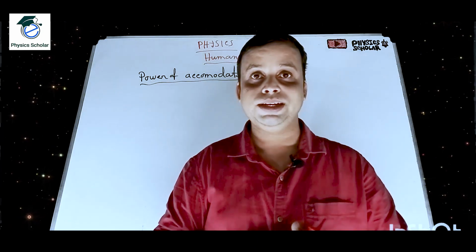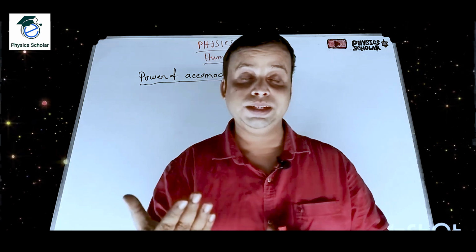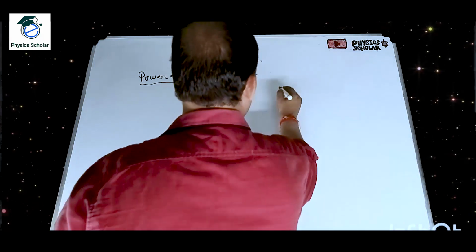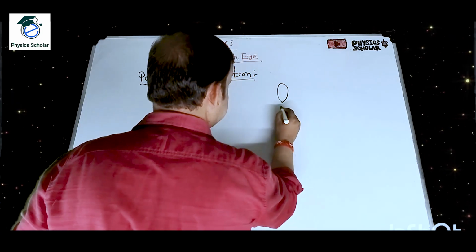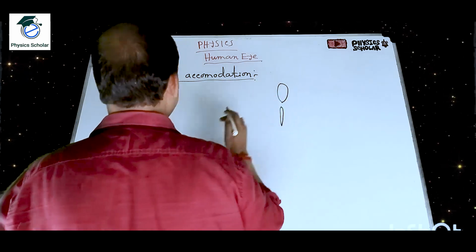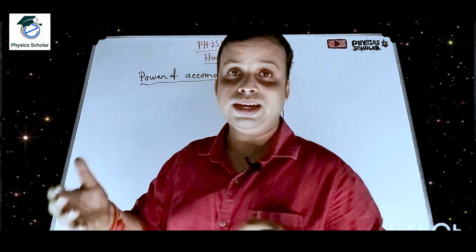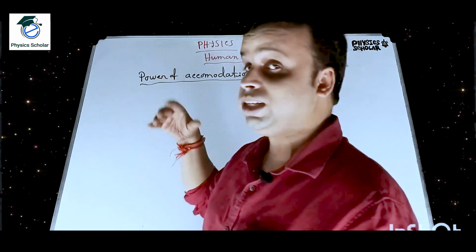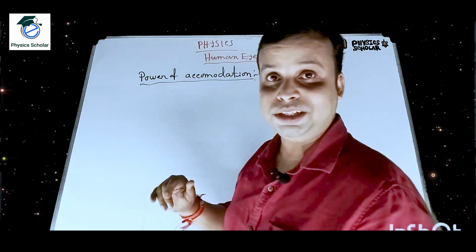If the object is very near to us, the lens will be thicker, and if the object is far, the lens will be thinner. Automatically this change will occur so that without any interruption we can see the nearby as well as the distant object. This ability is known as power of accommodation.